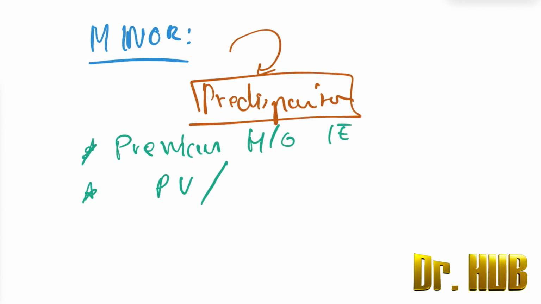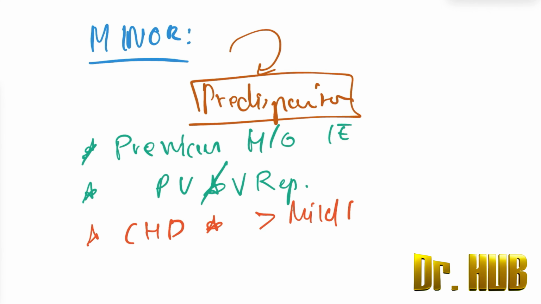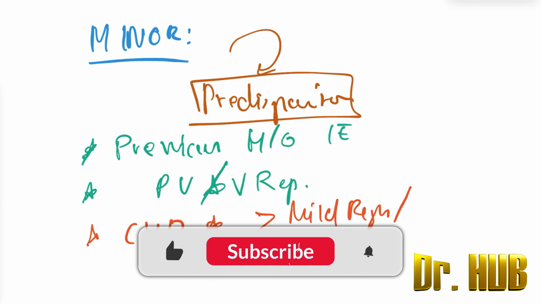Then the next point is previous valve repair, and then we also look for some congenital heart diseases, and more than mild regurgitation or stenosis of any etiology.